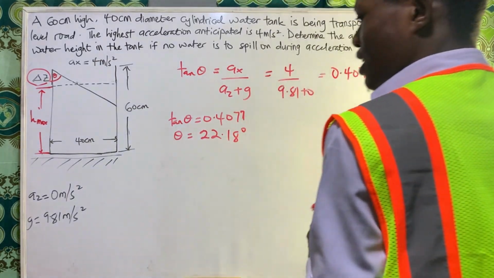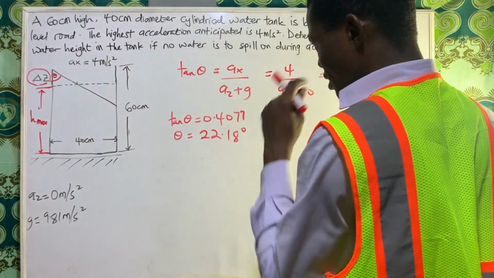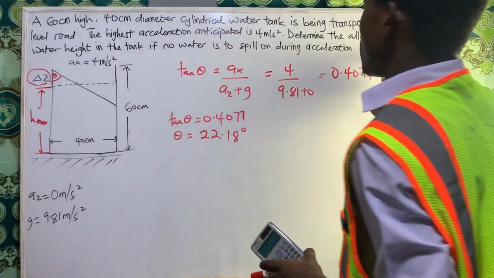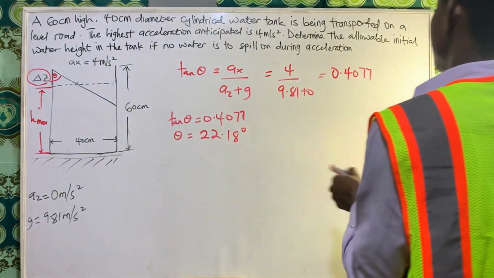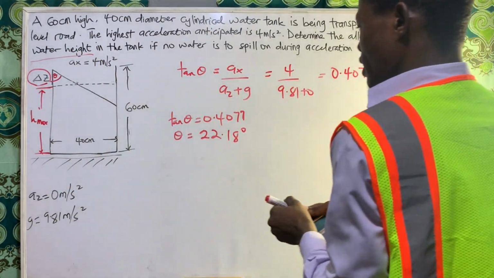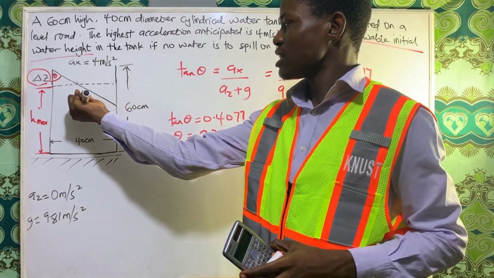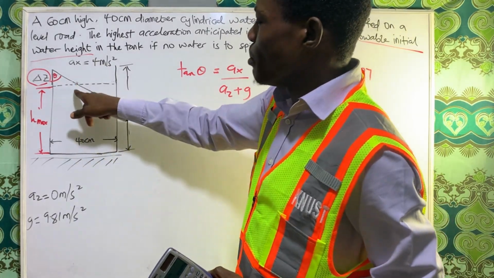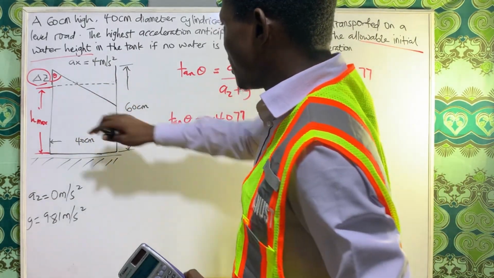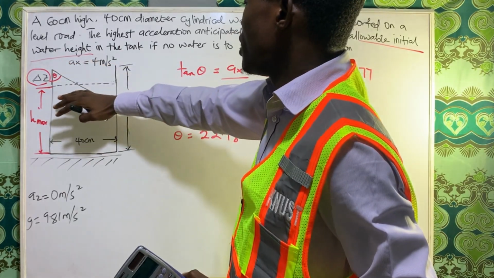What's next is to find delta z, so that we can calculate the maximum allowable height. Since the free surface cuts the mid plane here, we can assume the free surface above is relative to the mid plane.